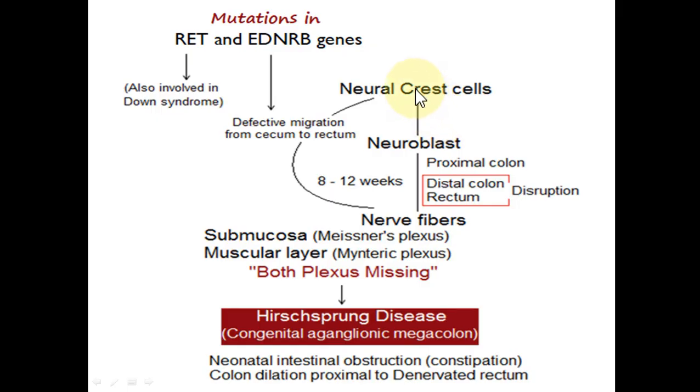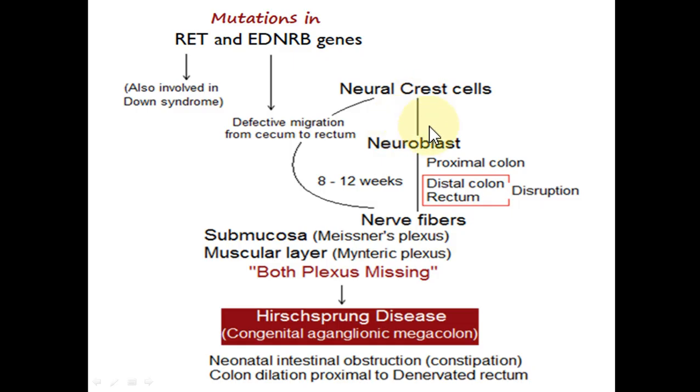The neuroblasts start from the mouth and go on developing towards the distal colon and rectum, and the whole gastrointestinal tract is supplied by nerve ganglions: the Meissner plexus in the submucosal layer, and the myenteric or Auerbach plexus in between the circular and longitudinal muscle fibers. This process ends by the 12th week.